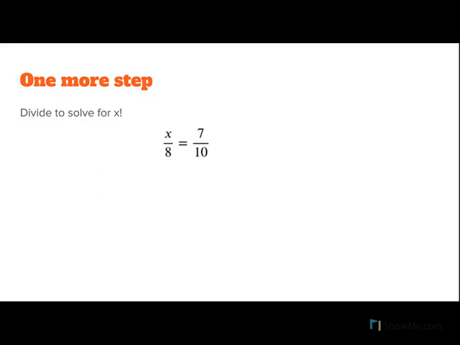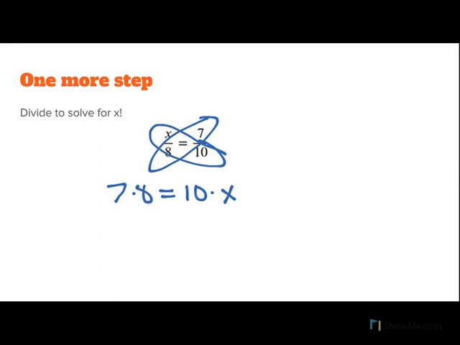So that final piece is that we can divide by x's coefficient, guys. So if I take my cross product here, I would have 7 times 8 equals 10 times x. And this would give me 56 equals 10 times x, or 10x. Now I can divide by 10.